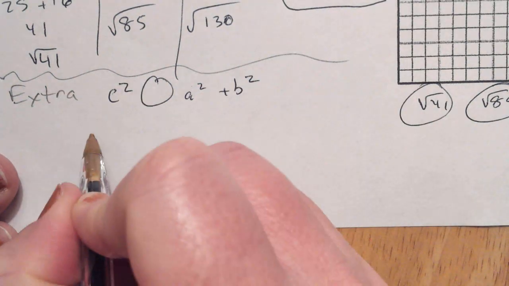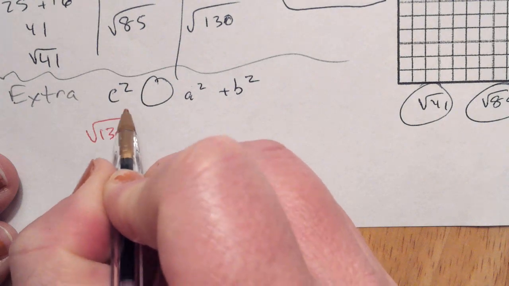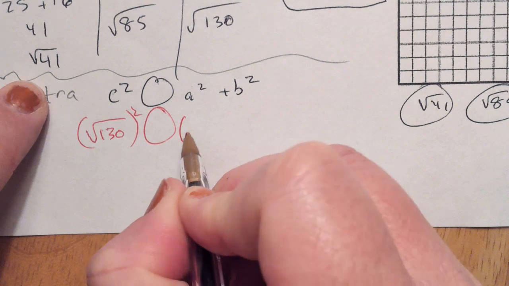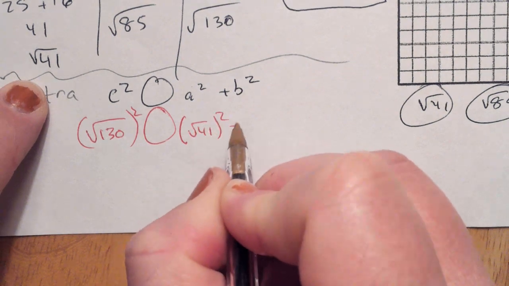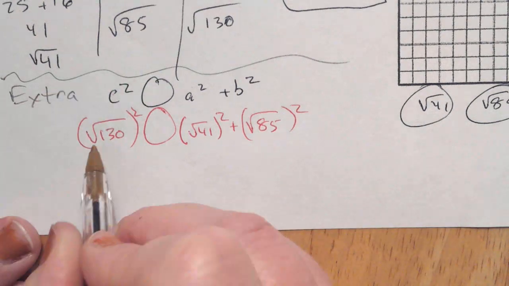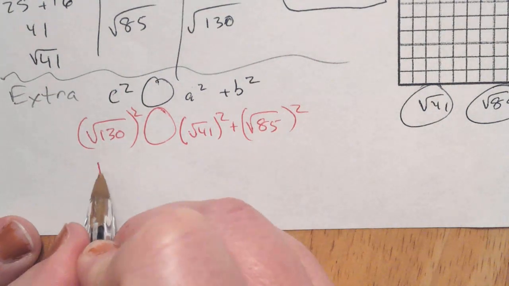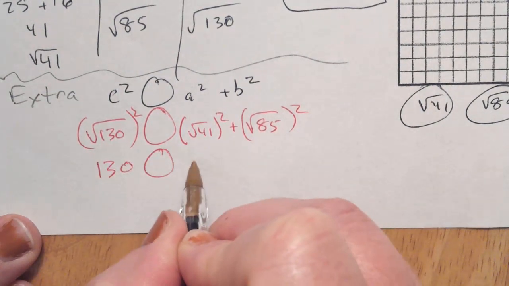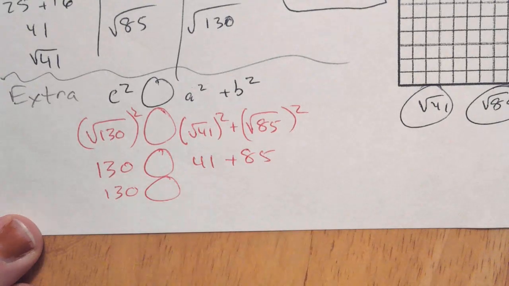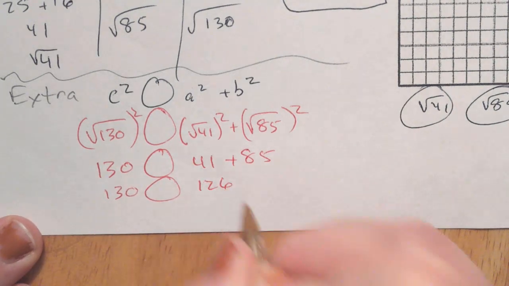So we're going to do the square root of 130 squared. How does that compare to the square root of 41 squared plus the square root of 85 squared? Okay, the square roots and squares cross each other out: 130. How does that compare to 41 plus 85? So 41 plus 85, we would have 126.